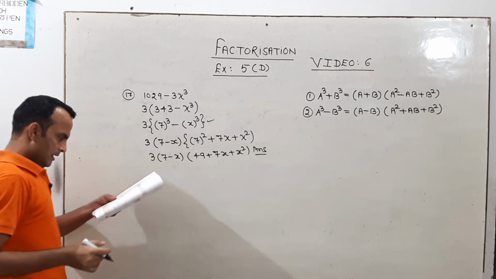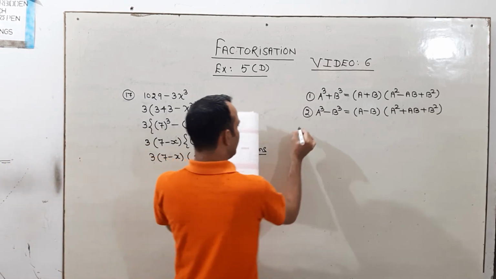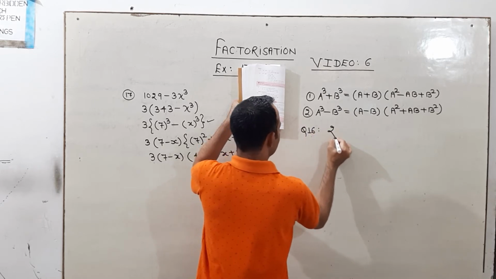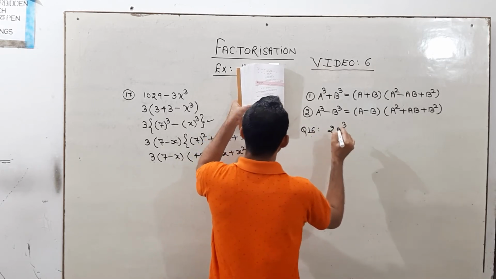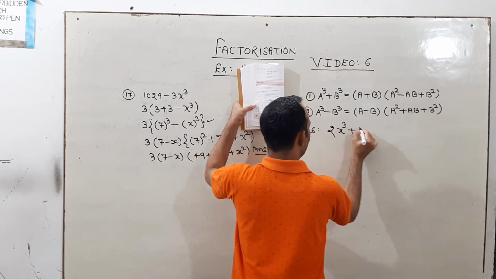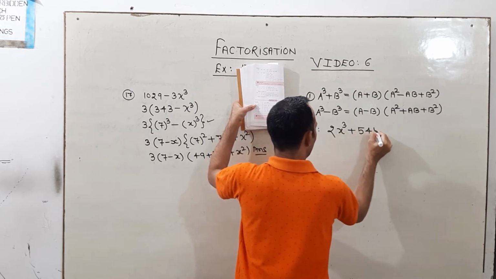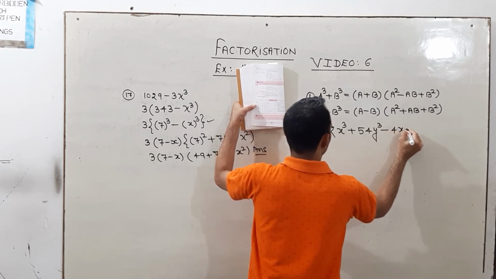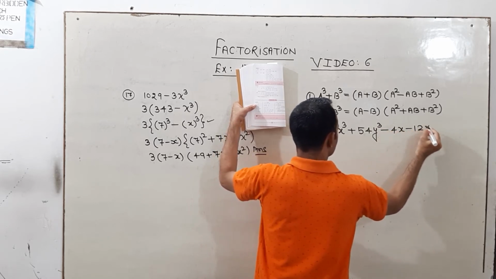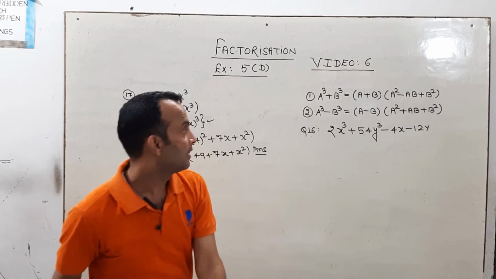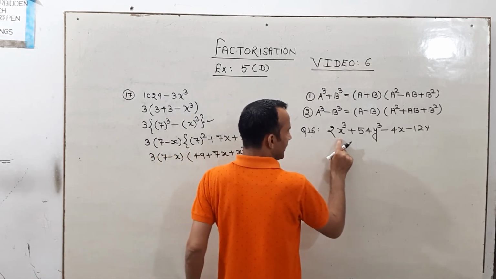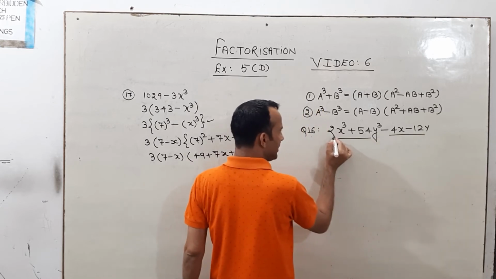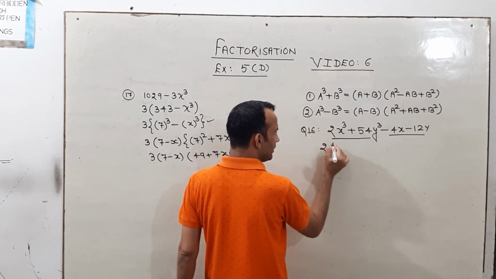Now see question number 16. Question number 16 is what? Factorize the expression 2x cube plus 54y cube minus 4x minus 12y. Okay? See. If this is the first part and this is the second part, here what is common? 2 is common.